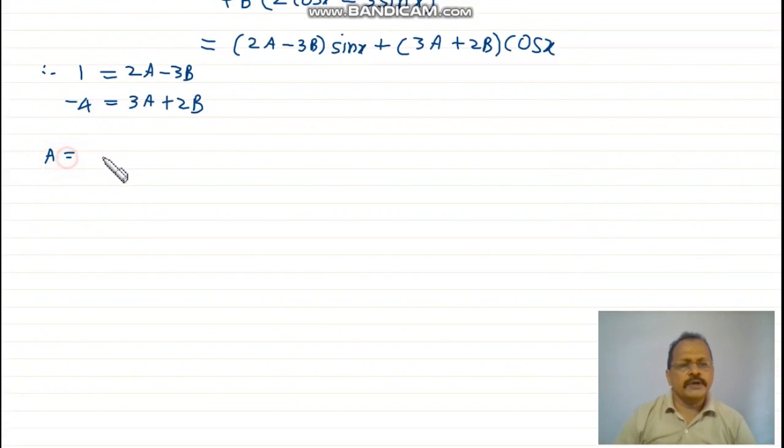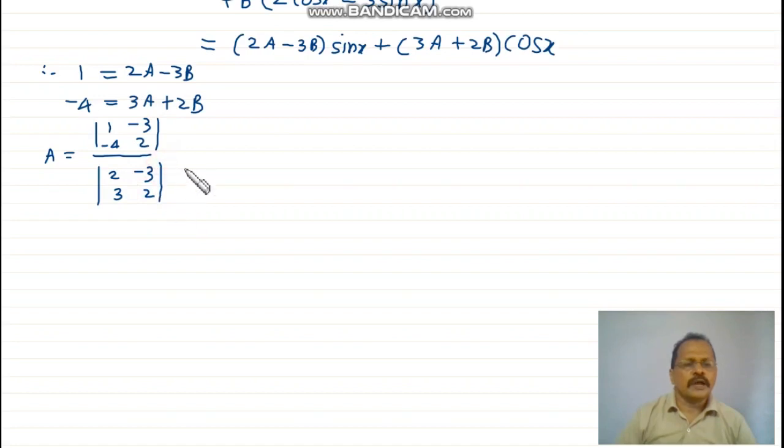So a equals the determinant with rows 1, minus 3 and minus 4, 2 divided by the determinant with rows 2, minus 3 and 3, 2. Cramer's rule you have studied in 10th standard, also in the 11th standard determinant lesson.